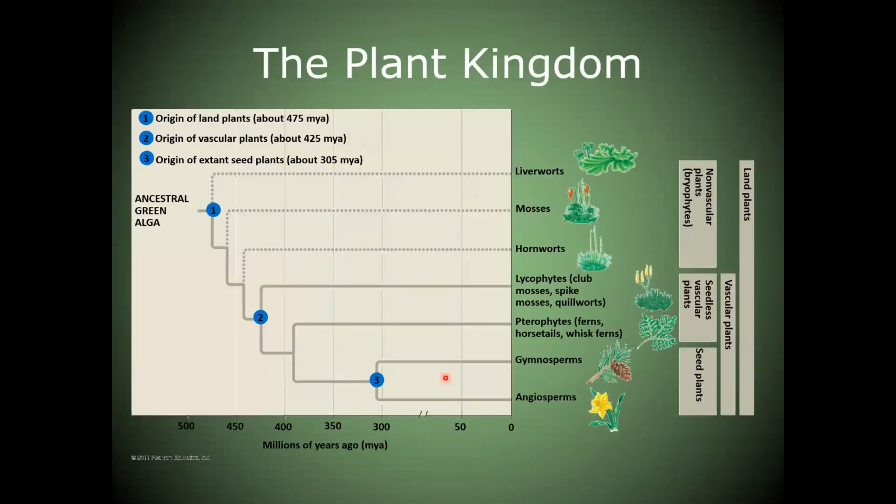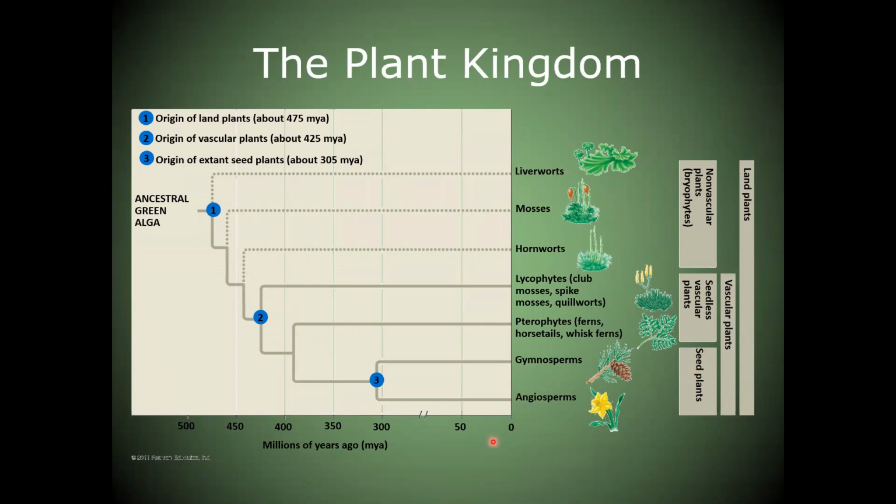Again, do notice that they are also part of the seed plants. That's why they share a common ancestor with gymnosperms. Because of that, gymnosperms are a sister taxon to the angiosperms, and collectively all of them are seed plants, all of them are also vascular plants, and all of them are land plants.